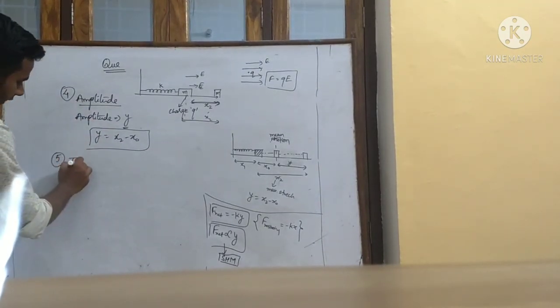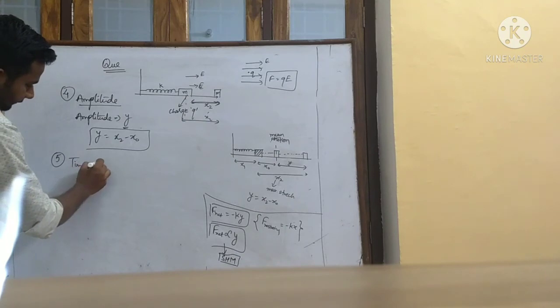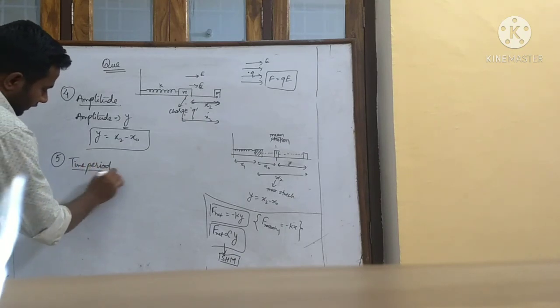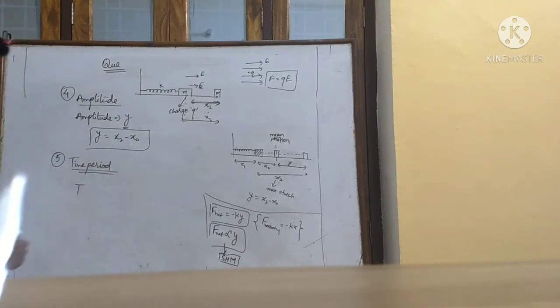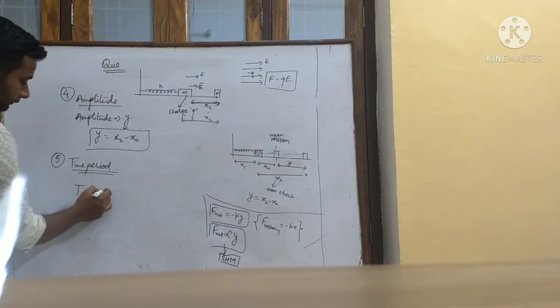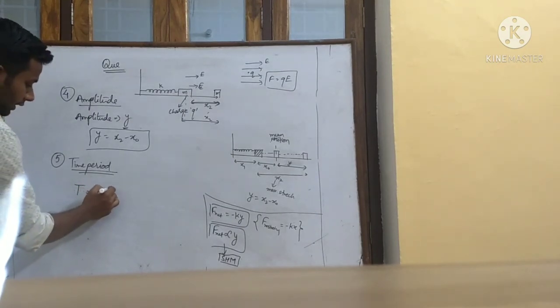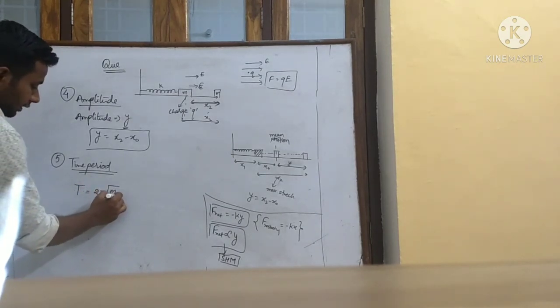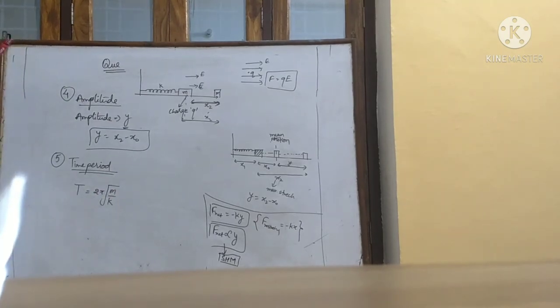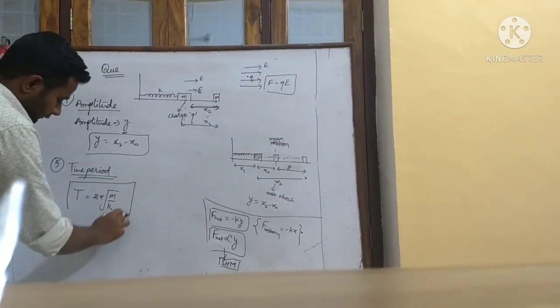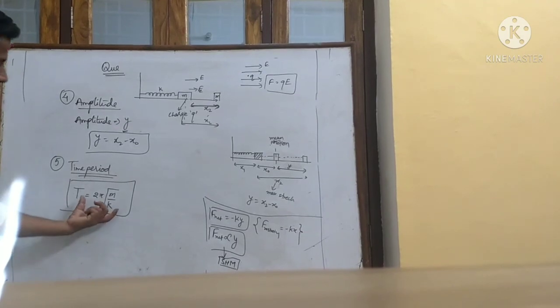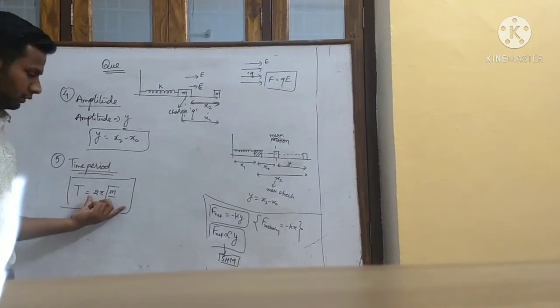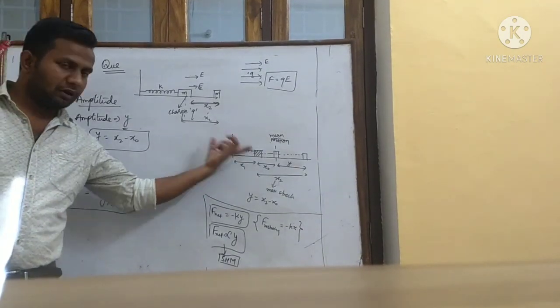And the fifth part, time period. We know the time period for simple harmonic motion is equal to 2 pi root m by k. Will there be any change? No. There is a mass m only.